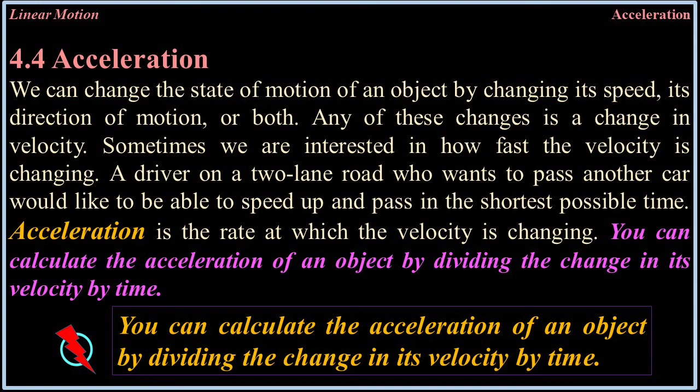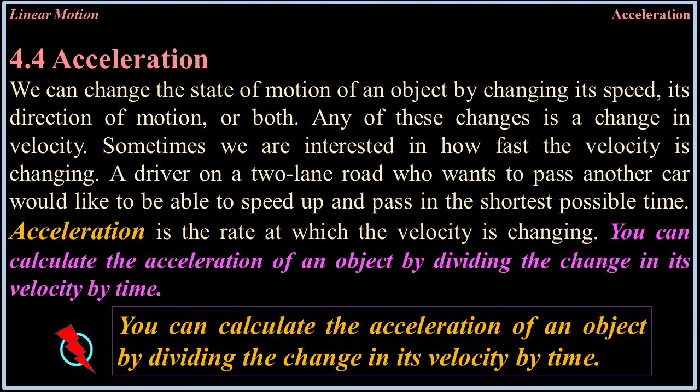4.4 Acceleration. We can change the state of motion of an object by changing its speed, its direction of motion, or both. Any of these changes is a change in velocity. Sometimes we are interested in how fast the velocity is changing. A driver on a two-lane road who wants to pass another car would like to be able to speed up and pass in the shortest possible time.